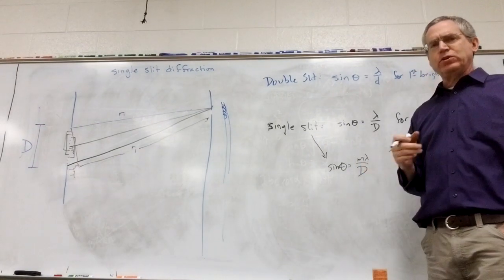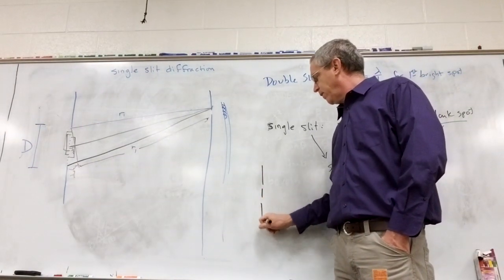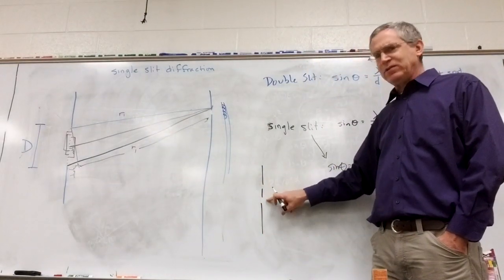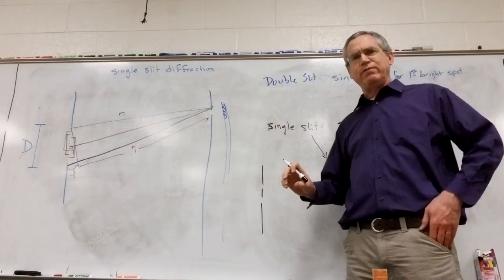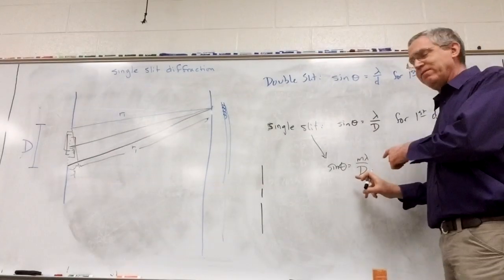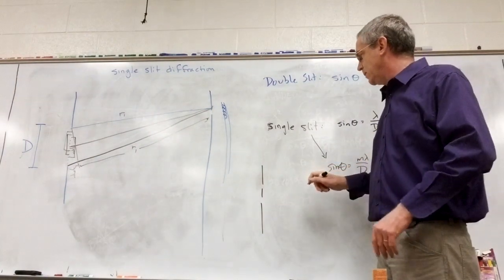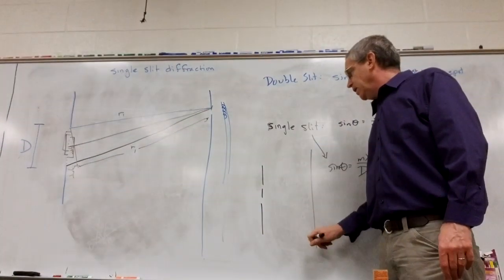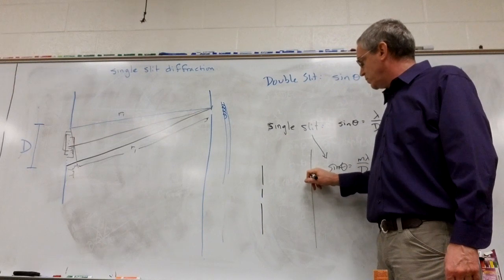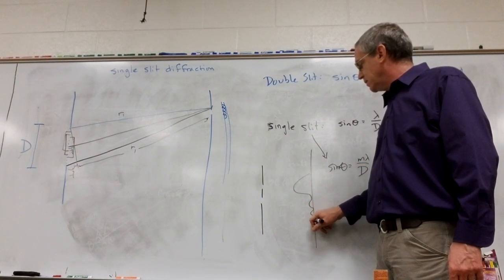So what would happen if we're shining through a double slit? Well, if I have a double slit here, I basically have two single slits. So not only do I have the double slit interference pattern happening, as described by this, but I have a single slit diffraction pattern also happening. The single slit would produce a bright spot and then darker spots.